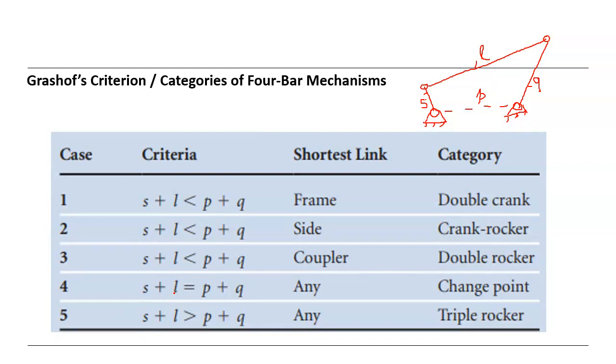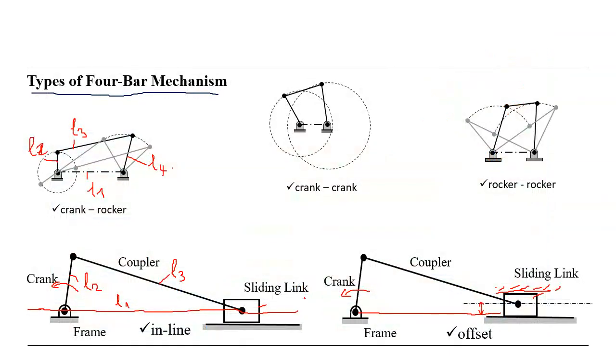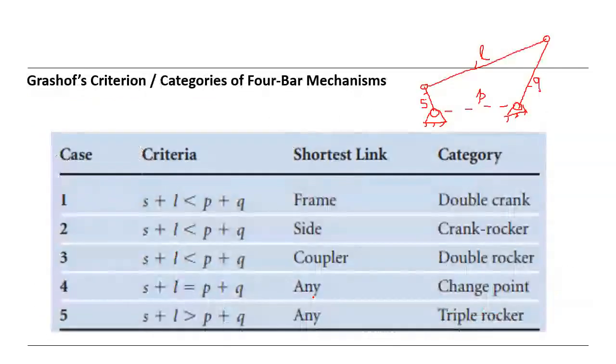And if the smallest plus longest is equal to P plus Q, any link can be the shortest link, so we achieve a change point mechanism. I will show you the change point later.